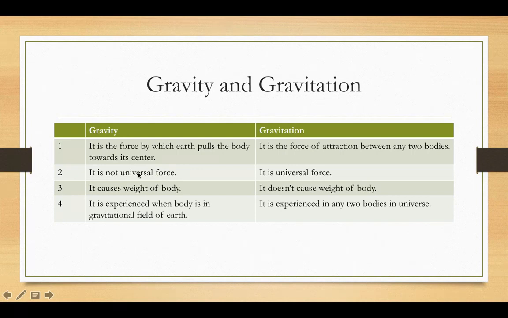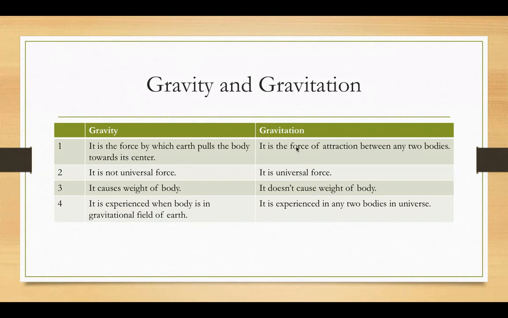Like Earth can have gravity, Sun can have gravity, but a stone cannot exert gravity because it has very small mass. Whereas gravitation is a universal force. The reason why we call it a universal force is that it is produced between any kind of two bodies. The two bodies can be huge bodies and the two bodies can be very tiny.